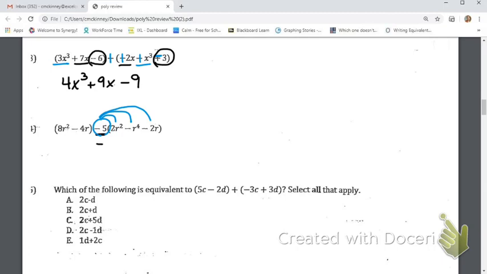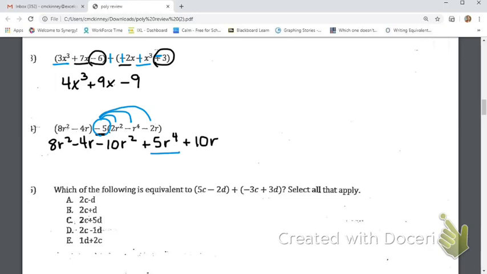So this would be -10r squared plus 5r to the 4th plus 10r. So notice how the signs did end up changing from what they had been. The 8r squared and the -4r are just going to come down. So I can now put things together.